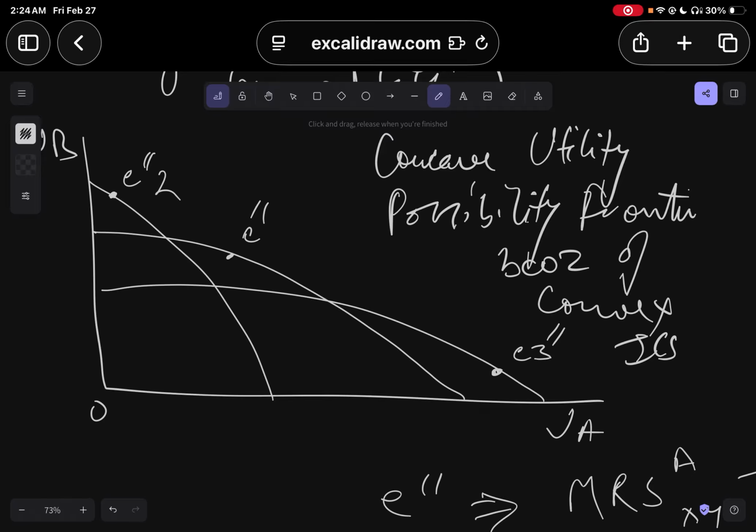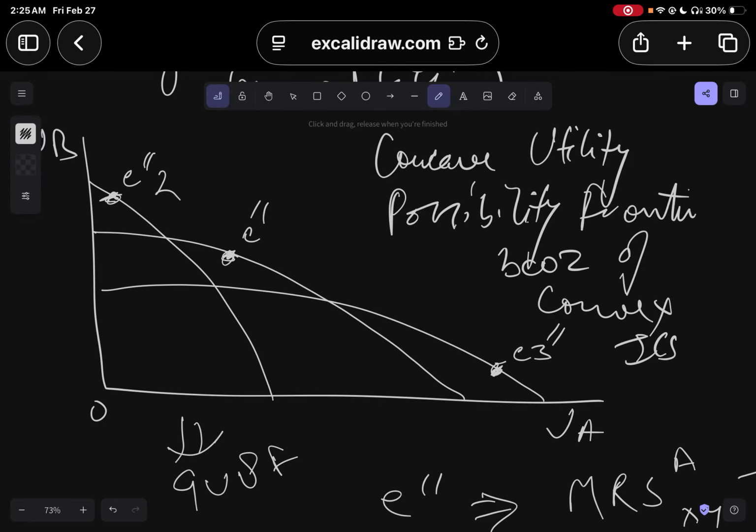So after joining all these points, we'll get a GUPF, Grand Utility Possibility Frontier. GUPF is also an amalgamation of all the points of general equilibrium in an economy. I think we can say that.